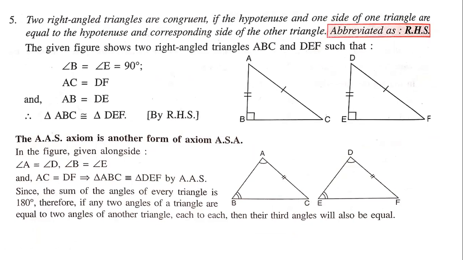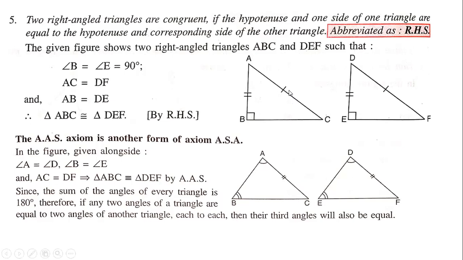If two right angled triangles are congruent, then you have to check whether the hypotenuses are of equal length. Yes, in this case, AC is equal to DF. Hypotenuse is of same length. And you have to check one side of the triangle. That means either this base BC should be equal to EF or this perpendicular AB should be equal to DE.